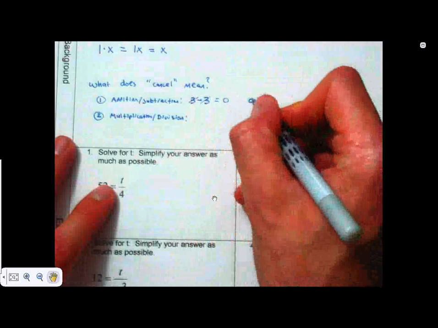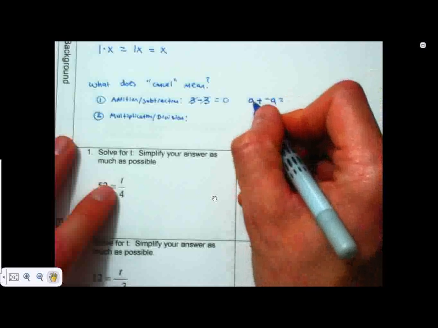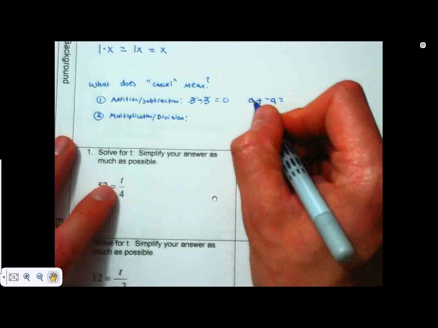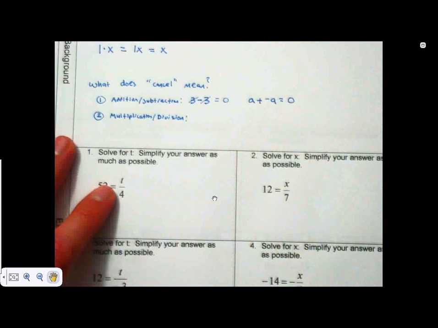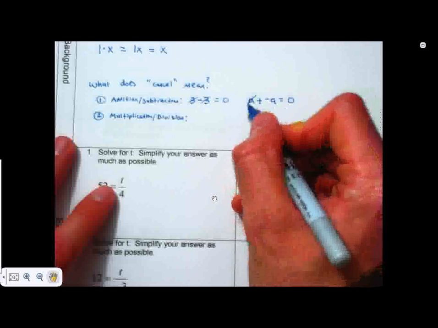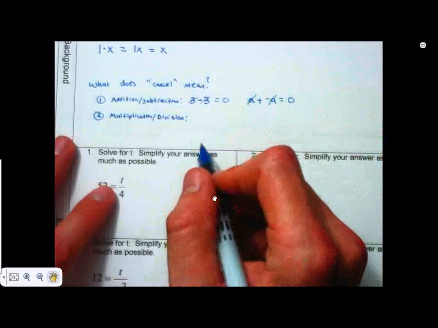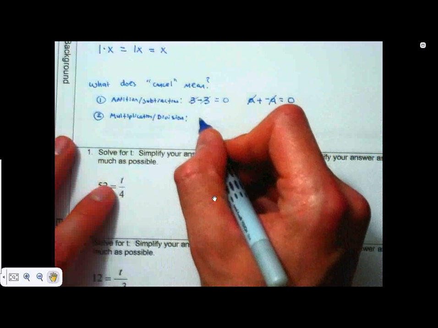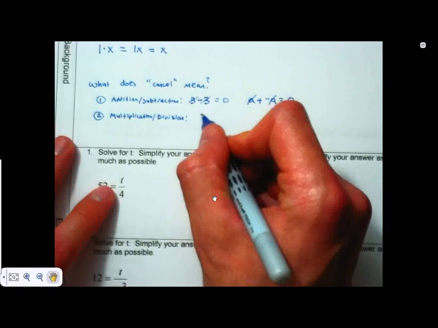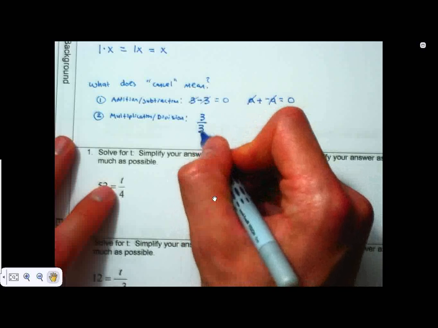Another example of that is if I have a plus negative a. Again, a number plus its opposite or a number minus its opposite is always going to make 0. So what we'd say is a and negative a cancel each other out. In the multiplication-division sense, a lot of times the numbers are canceling in a slightly different way. So if I have 3 and I divide it by 3, now I'm not getting 0.